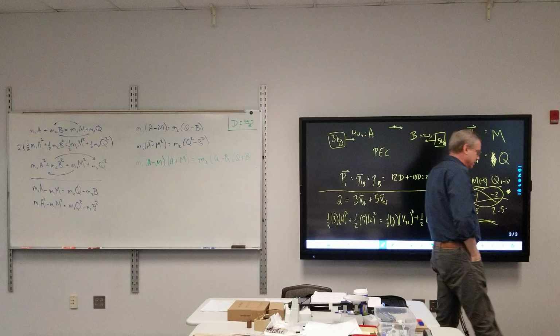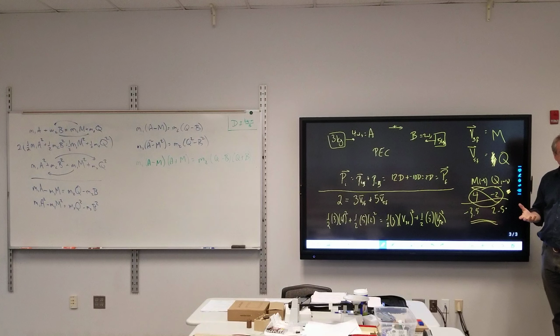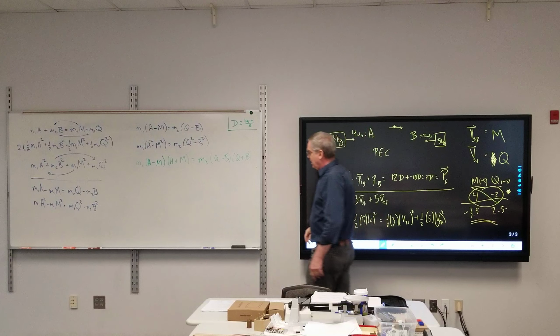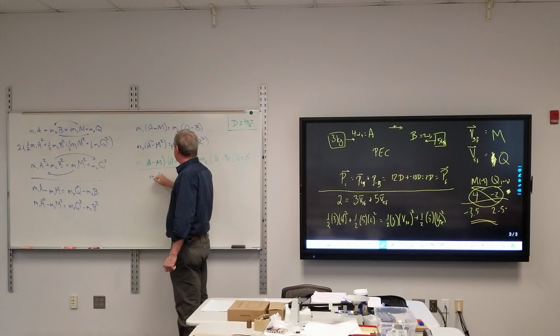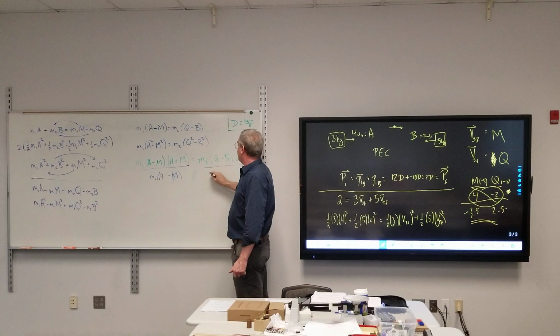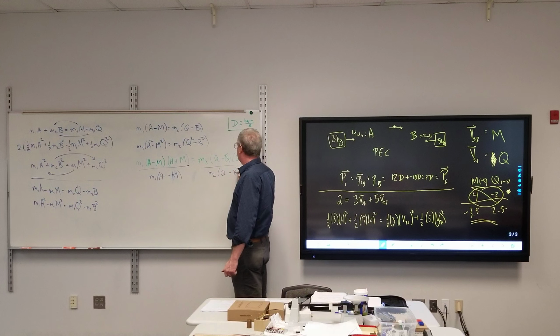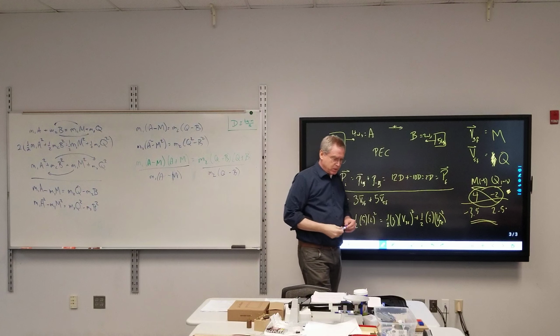Now, the math people are telling me that if I divide both sides by the same thing, it's legitimate math. So I'm going to divide both sides by things that are equivalent. I'm going to divide the left-hand side by m1 times A minus big M, and I'm going to divide the right-hand side by m2 times Q minus B. They are equal to each other; we got that from our momentum conservation equation.